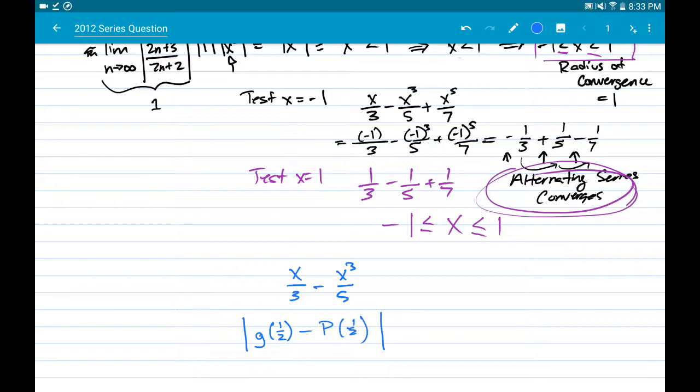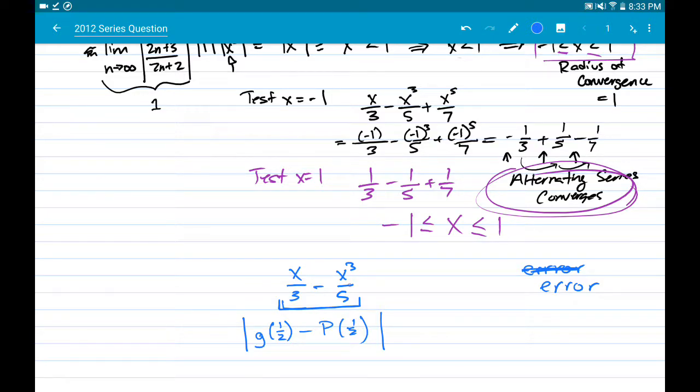And the way to do that is, if you are approximating with two terms, to find error, you're first going to spell error right. To find error, you're always going to look at the next term. So if you want the error of a two-term approximation, you're going to look at the third term.